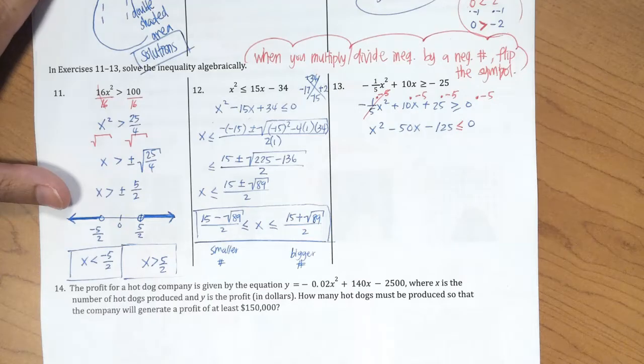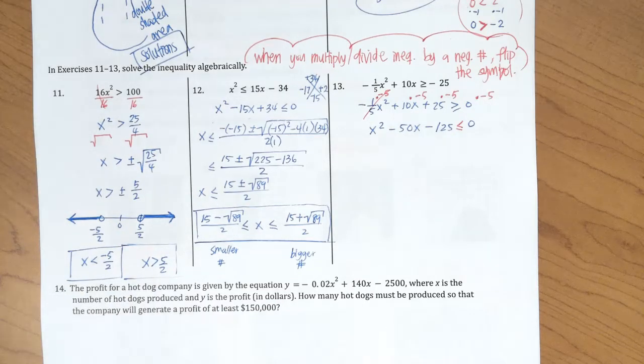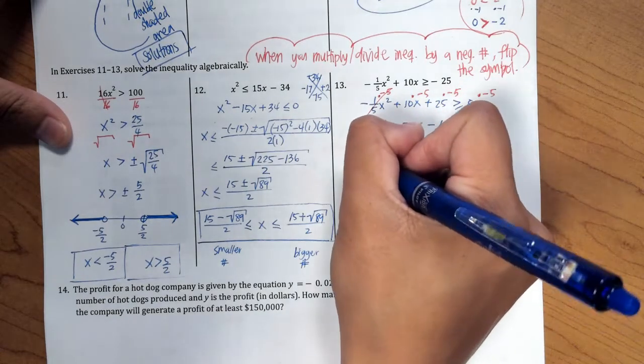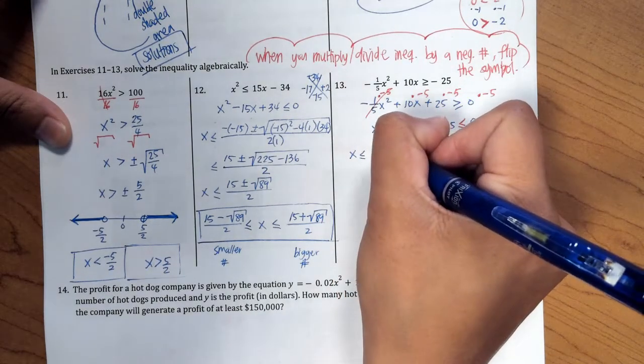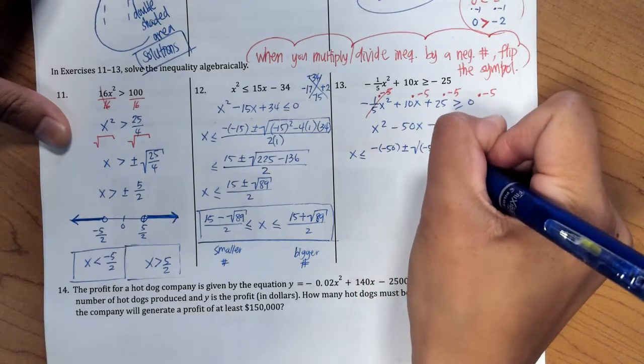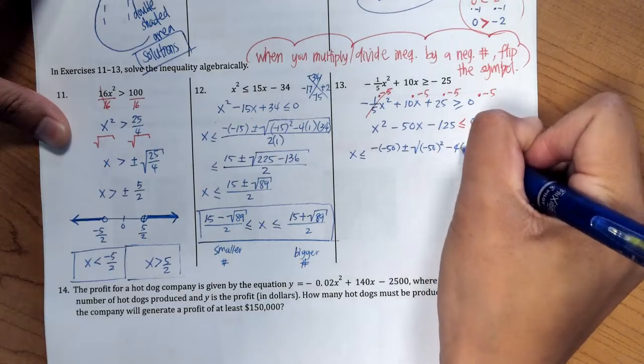Those numbers are too big for me to know off the top of my head, so I'm going to use the quadratic formula and hope that it works out. -50 plus or minus square root. Okay, so maybe pause the video here and see if you can do this yourself.